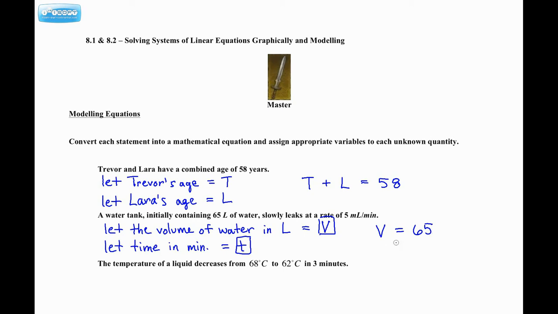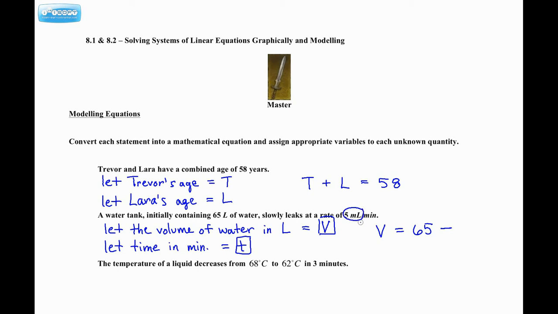Alright, so over time, what happens to this volume? Well, it doesn't stay at 65, it decreases, because as every minute passes, we lose 5 milliliters. Well, we can't just say 5 here, because that would be in milliliters, and we have to express that in liters.